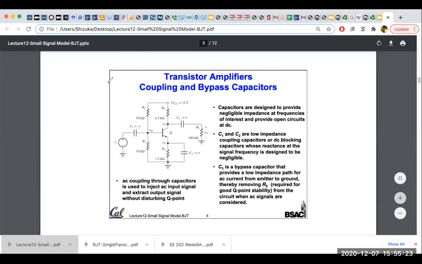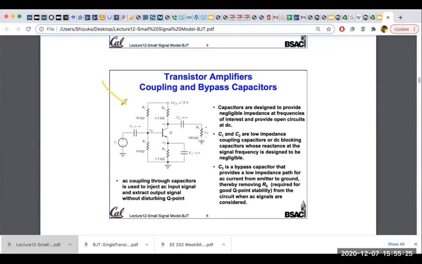For instance, you have a cap, and you don't know why it is there. You have some resistance here, another resistance here, another cap, a resistance here, a cap here, a load, and a resistance here. This is a basic one-stage common emitter amplifier. Now let's figure out how we can analyze this.